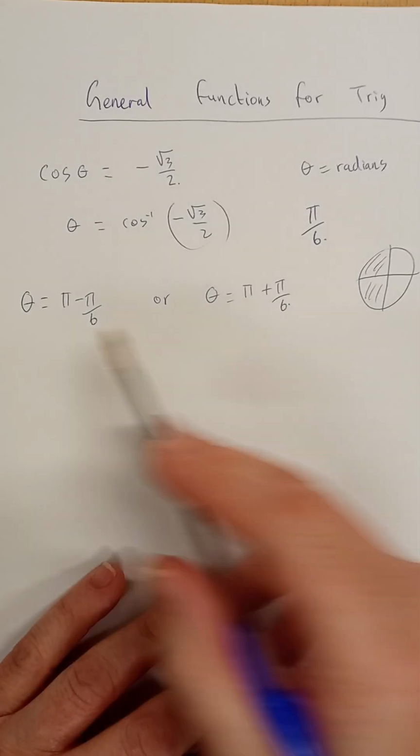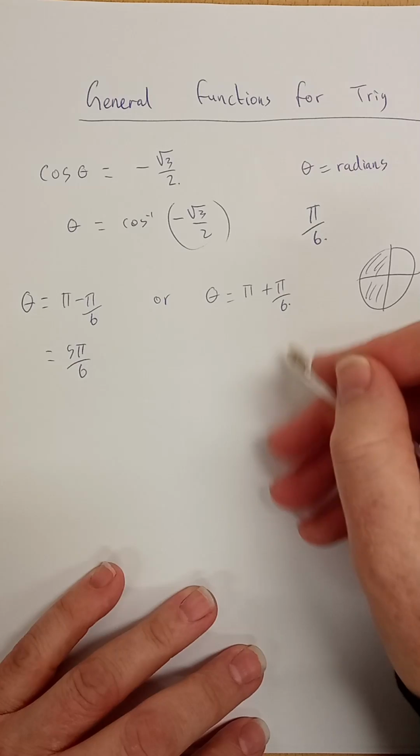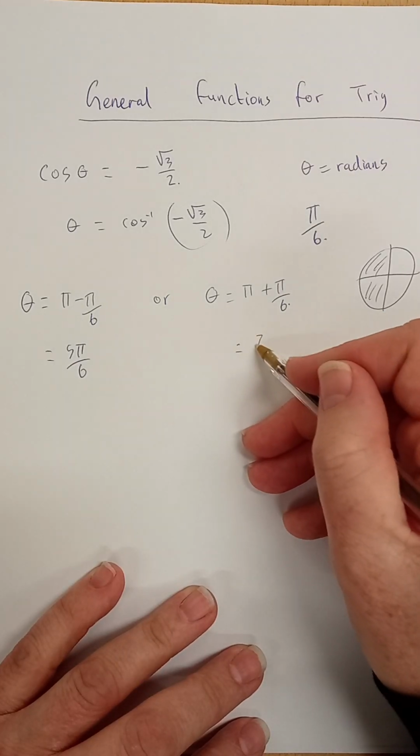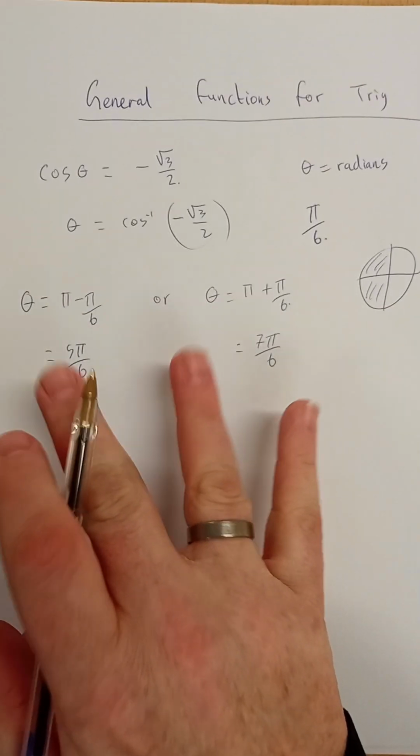So there's our two possibilities. Use your calculator on that. That's going to give you 5 pi over 6, and that's going to give you 7 pi over 6. And always try and get it down to a nice neat fraction. So now there's our two angles it could be.